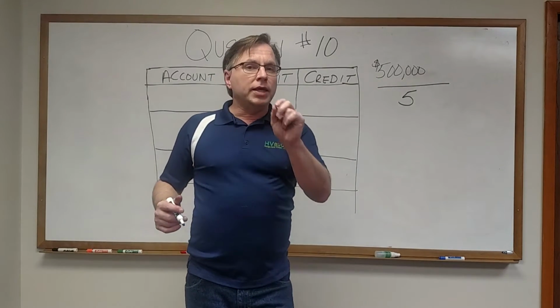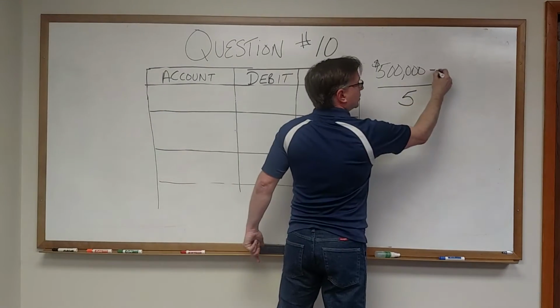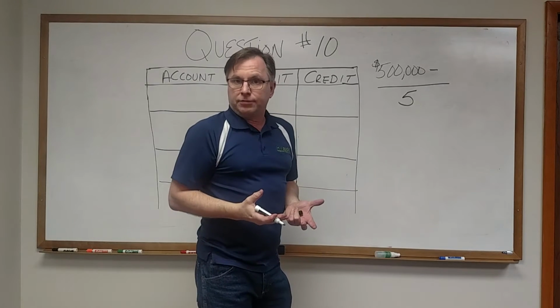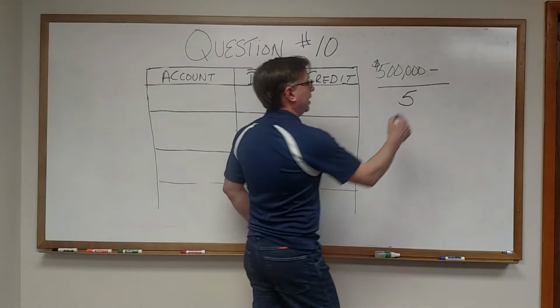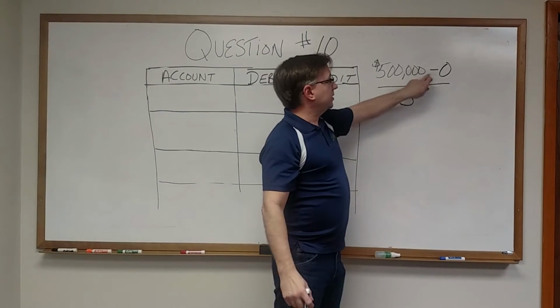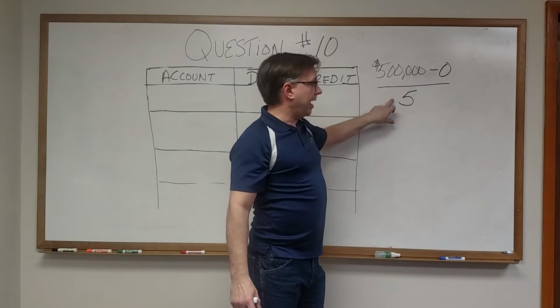But we can't forget, is there any residual value on that? Because we have to subtract out the residual value because that's what we want to be left for the value of that equipment. But in this case, we don't have any residual value. So that's 0. So purchase price minus residual value divided by the number of years that we have.